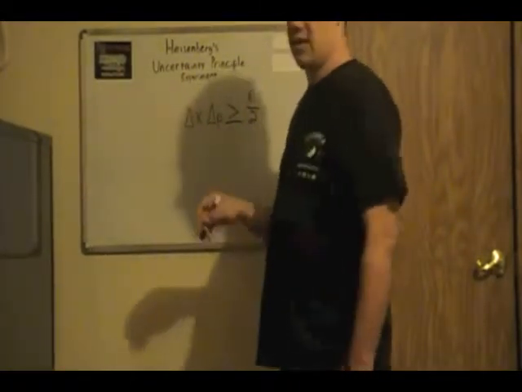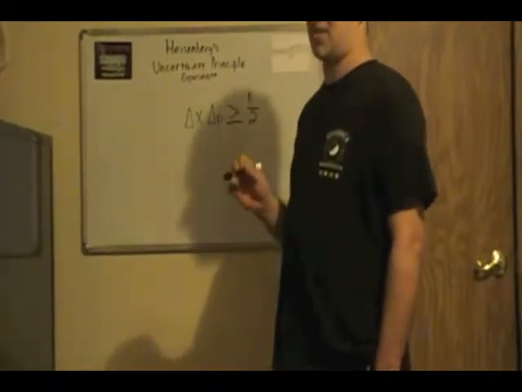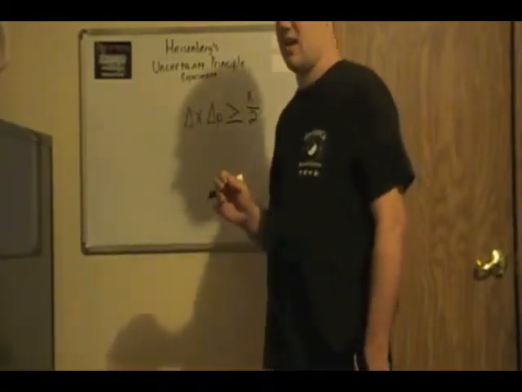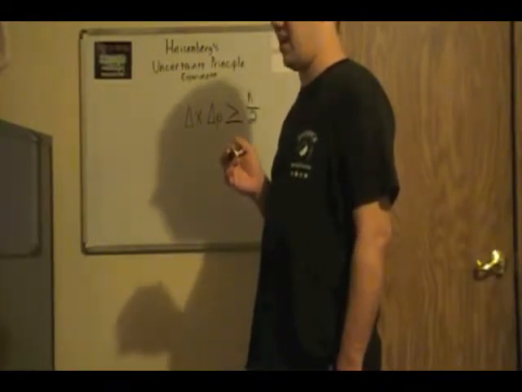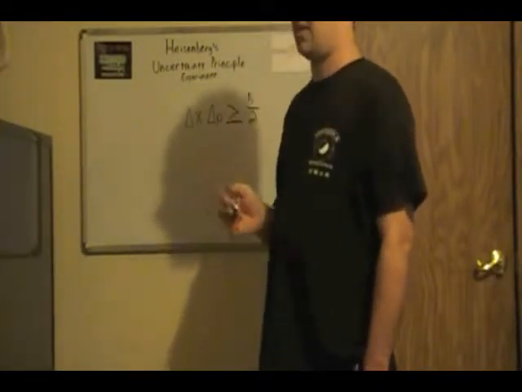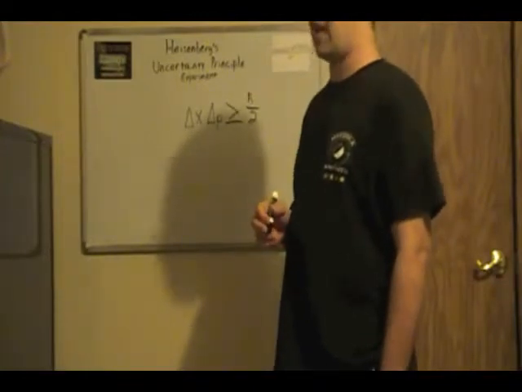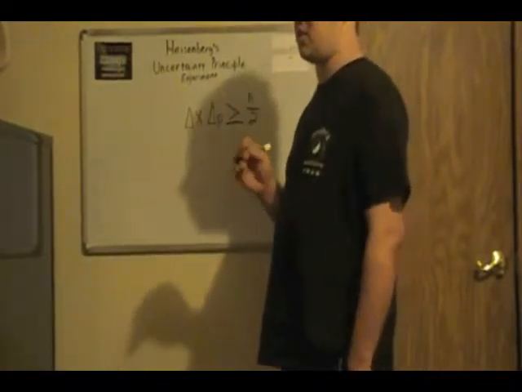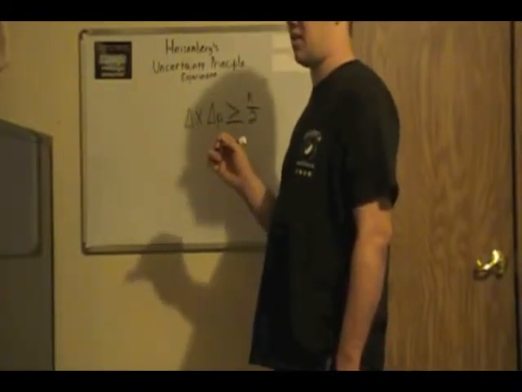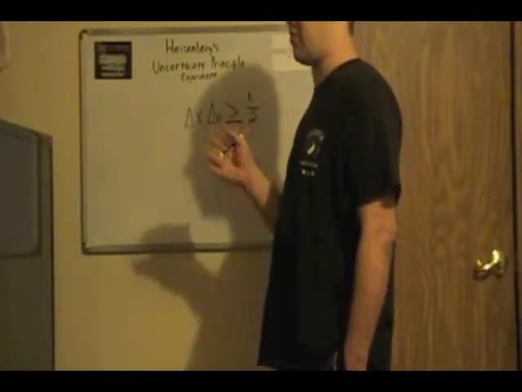H bar is the reduced Planck's constant. It's something like 1.05 times 10 to the, I believe it's negative 34th, and the units are something like joules times seconds divided by radians.